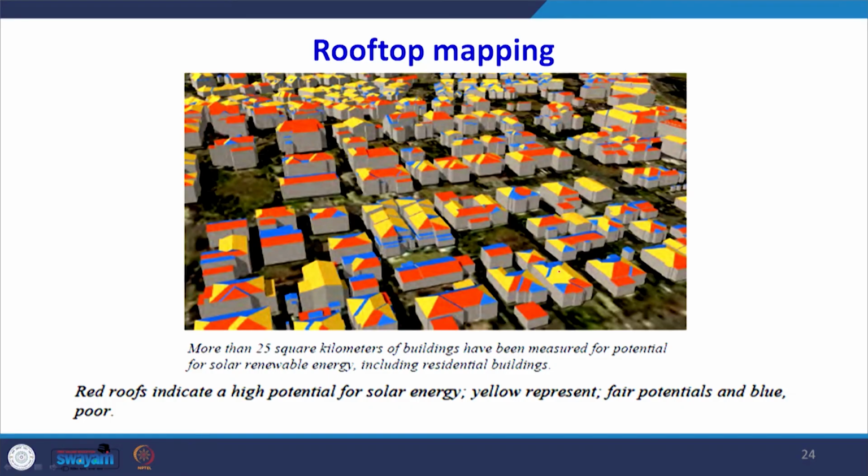Now once you are collecting the data, because you can get the rooftop footprint of the roof, people have also used this data to carry out rooftop mapping, and also determining the potential rooftops where solar panels could be installed.